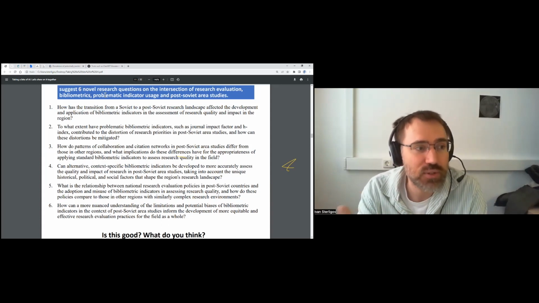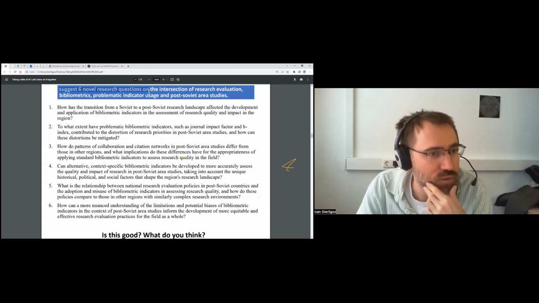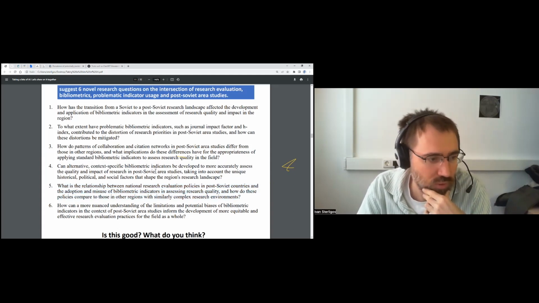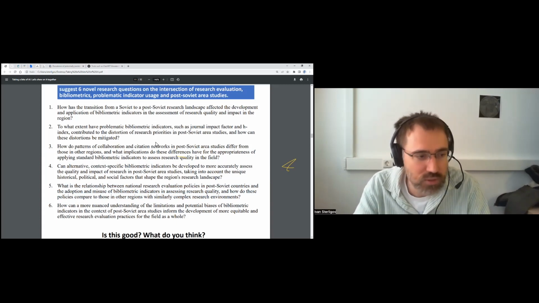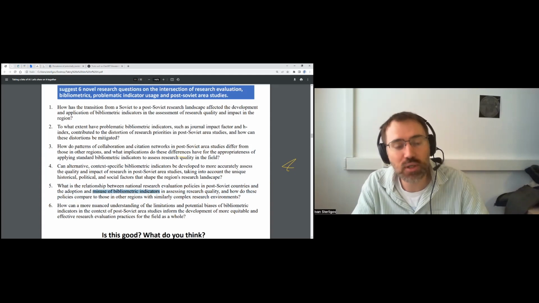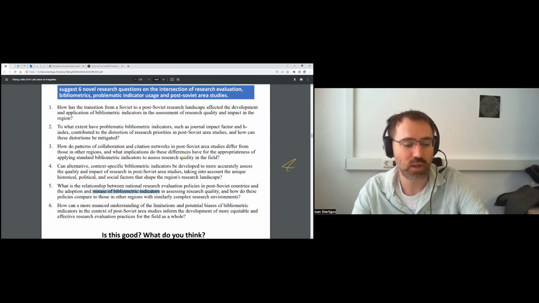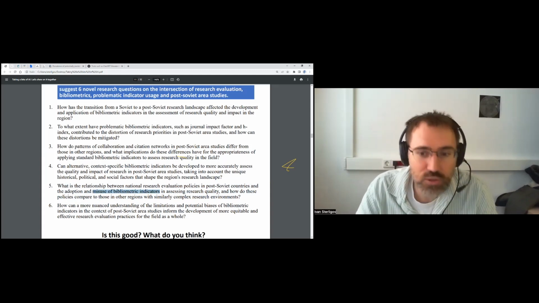So here I suggest 6 novel research questions, and here I choose one of them. What's the relationship between national research evaluation policies and the adoption and misuse of bibliometric indicators? Well, it sounds rather interesting, and it's a really pressing issue.